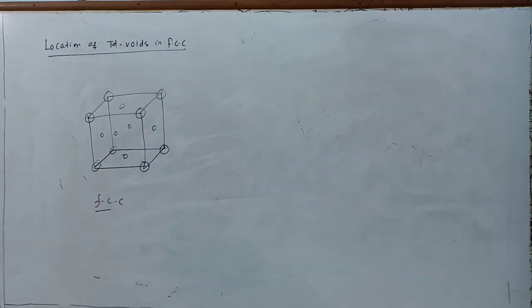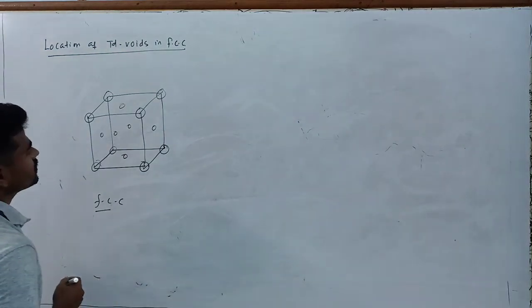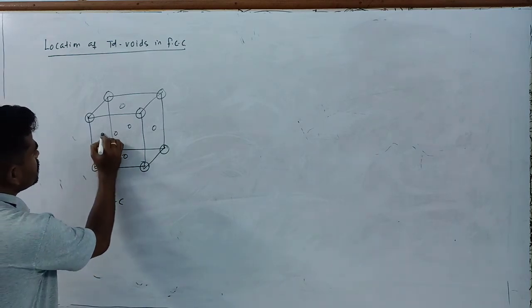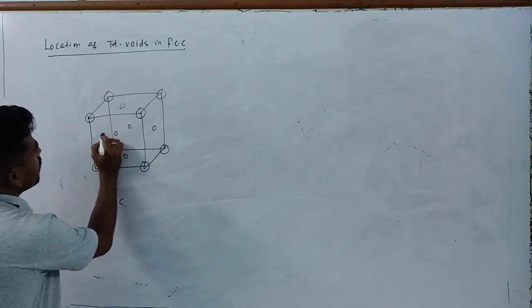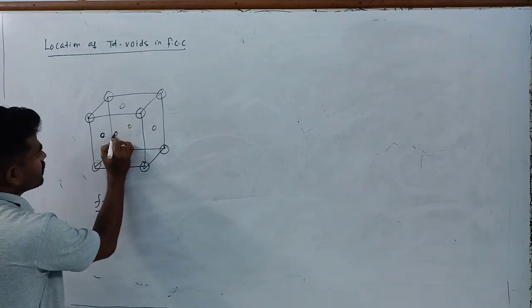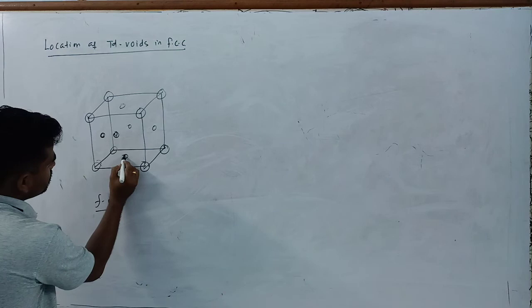This is one FCC. So if I try to locate the tetrahedral voids, these 3 spheres are present at the bottom. Suppose this one is one sphere, and here, that is at the center of this side, this one and this one.